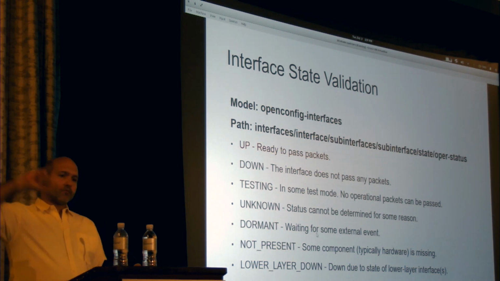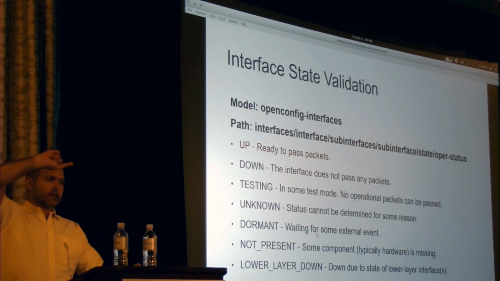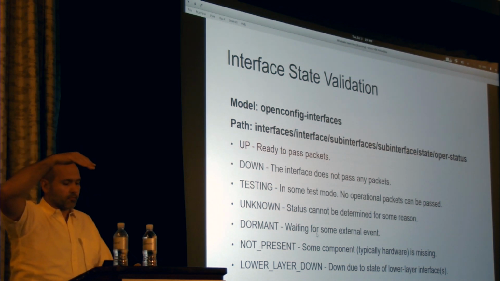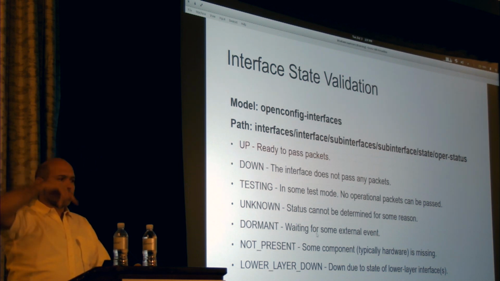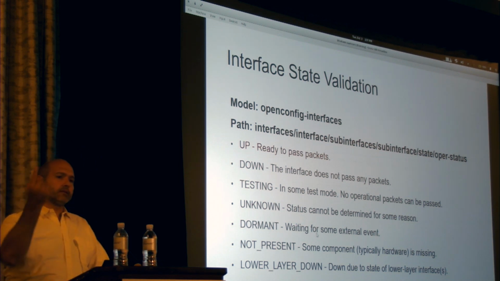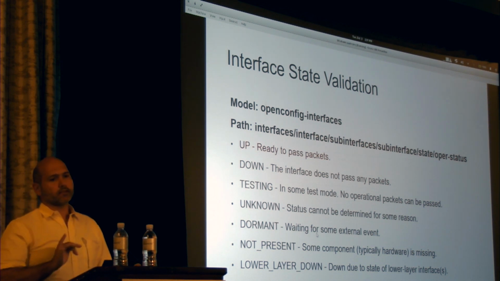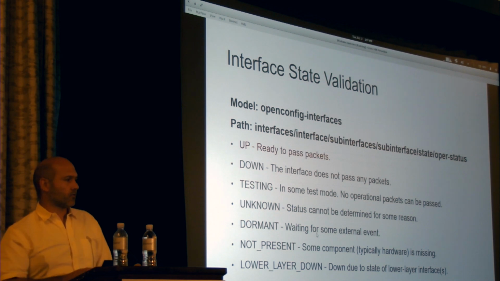I said we're going to validate. We need to validate the state, because in principle I don't want to configure my BGP if my interface didn't come up, okay? So the device is going to be streaming data back to me about all my interfaces. I'm using a very simple validation for my demo here.